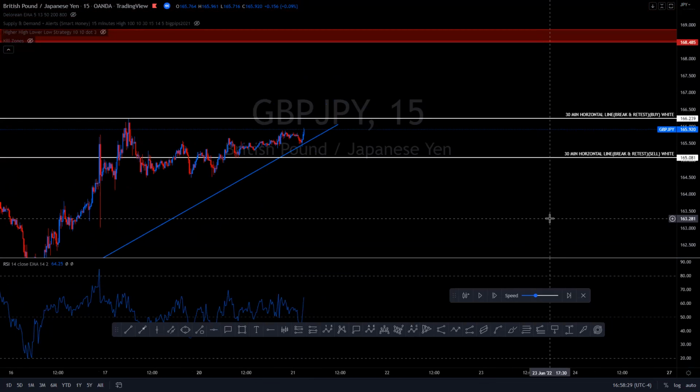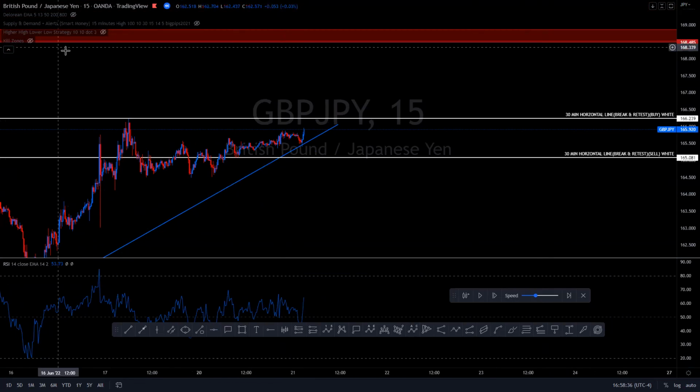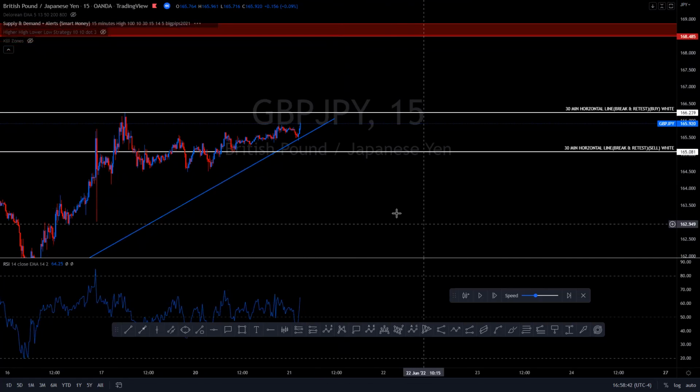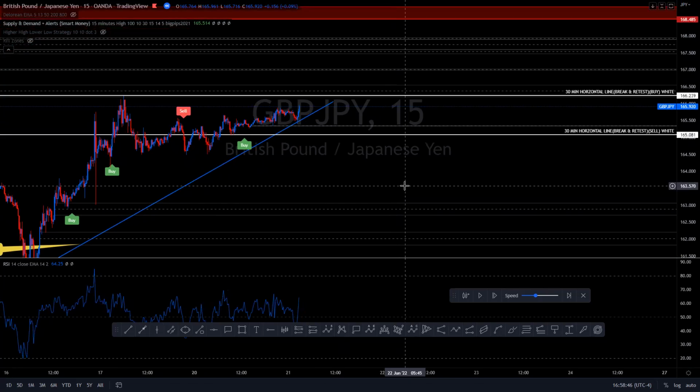That's how I play that. Now that we have identified the nearest high, the most recent high, and the most recent low, that's when I turn on my institutional indicator. And this is where I locate mitigation zones and imbalance gaps.